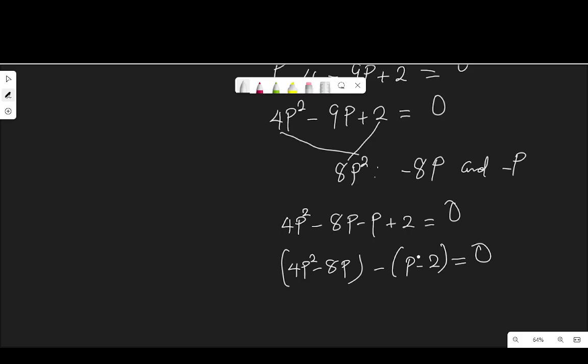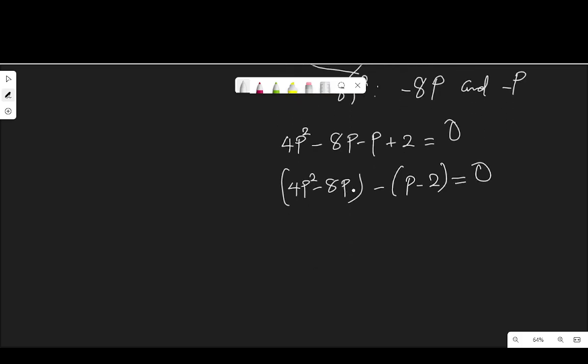This plus changes to minus here because I introduced a bracket. So here, what is common? 4p can divide both, so 4p is common, we bring it out, p minus 2. Here, 1 is the common factor, p minus 2, equal to 0.